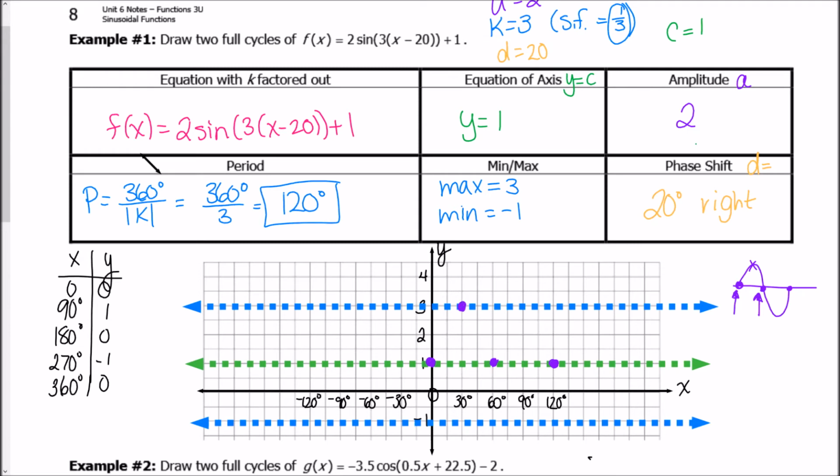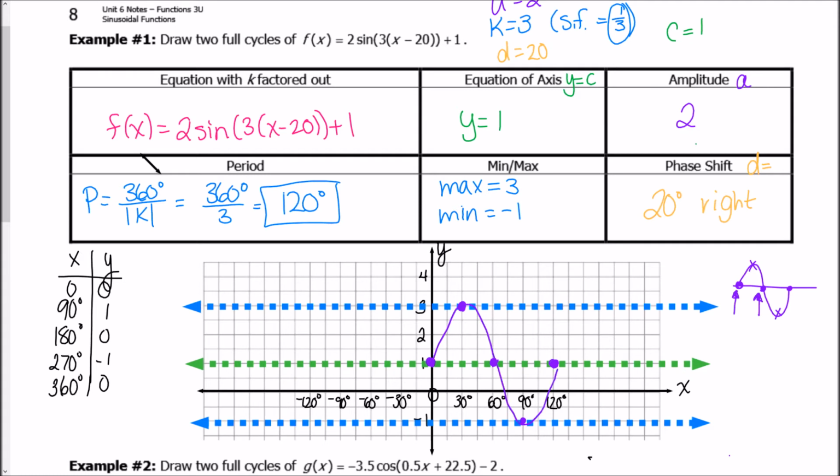So I'll put a dot up here. That's where my maximum is going to be. And then 3/4 of the way through the full cycle, or at 90 degrees, we'll reach our minimum. Okay, and I didn't have to do any reflections at all because the A value here is positive. So that's one full cycle right here.